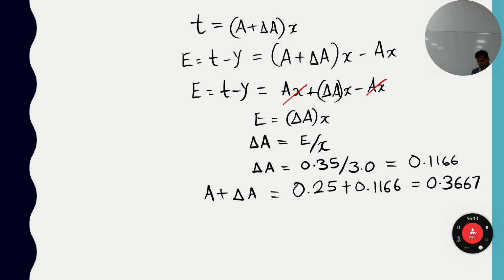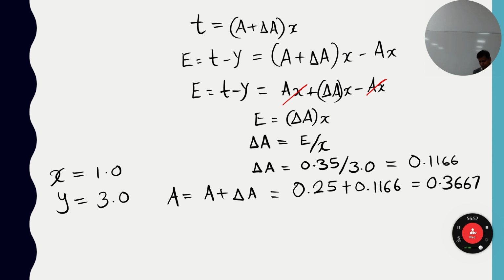So the true values, for example, in this example, we have X is 1.0 and Y is 3.0. So those are the true values. So you have to check what happens if you put X equals 1.0 in the linear function. The new value of A is A plus delta A, that is 0.3667, right? So that's going to be your new value of A.